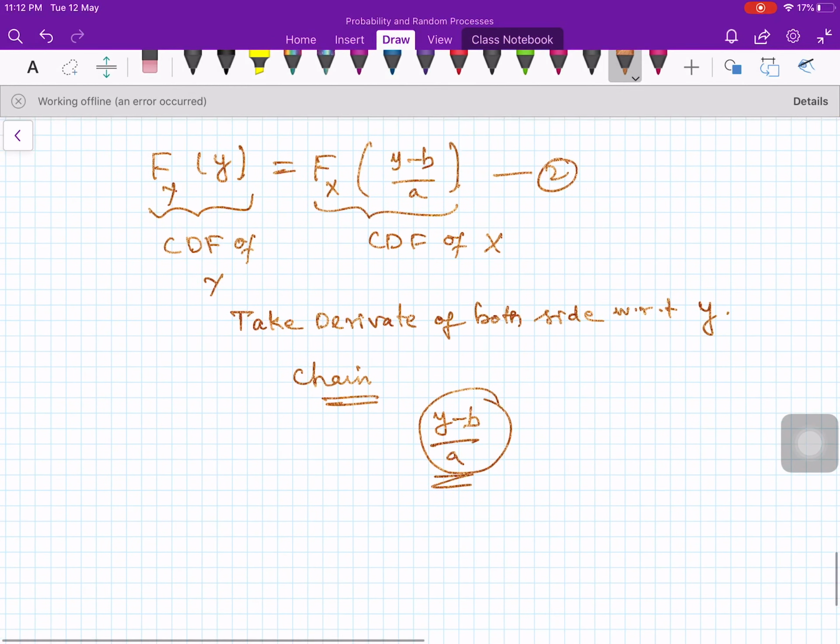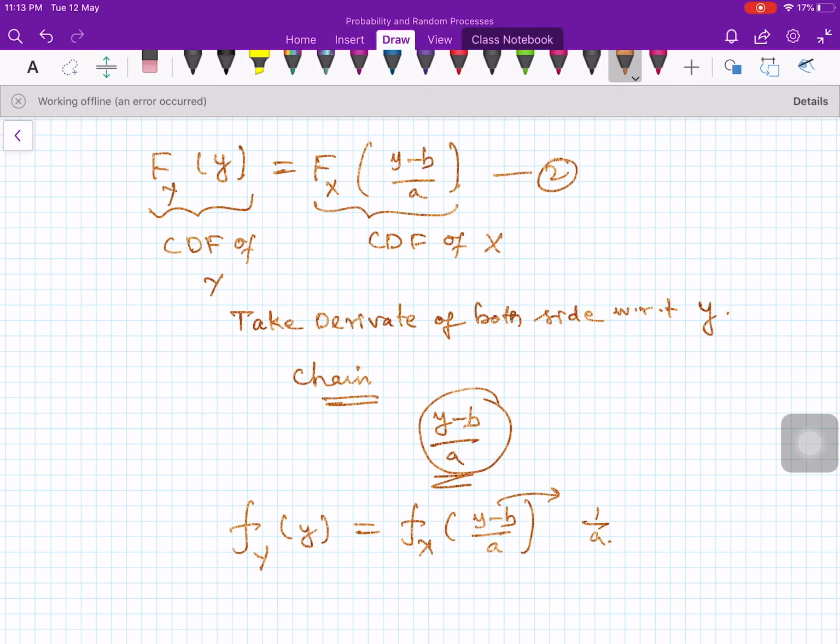So if you take the derivative on the left hand side, you will get the density function of y. On the right hand side, it is fx of... no, sorry, not fx of x. The argument is y minus b by a, and we take the derivative of this argument, that is 1 by a.